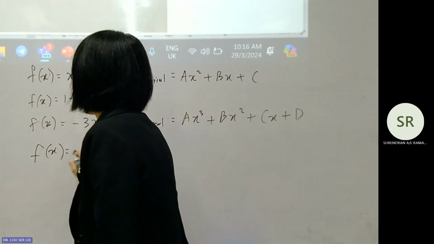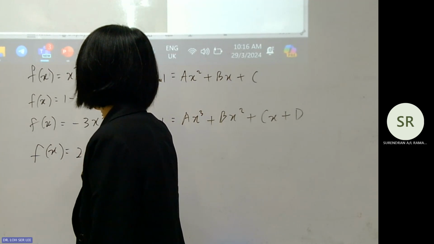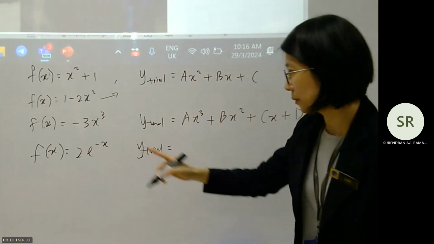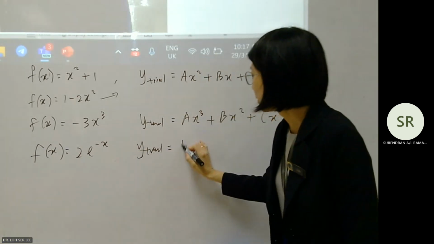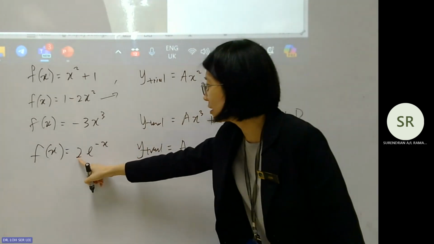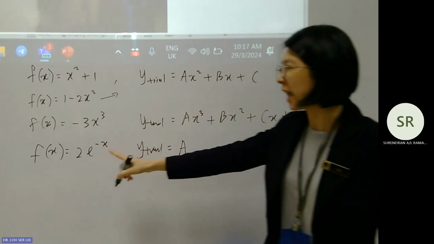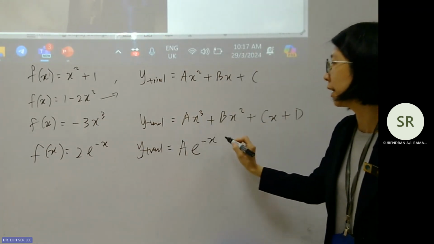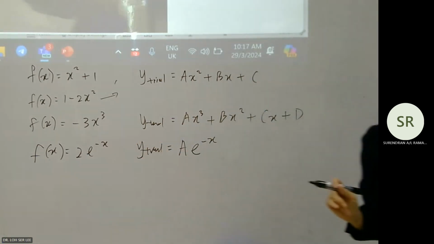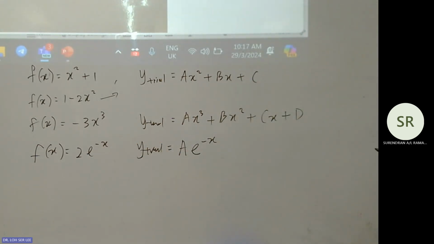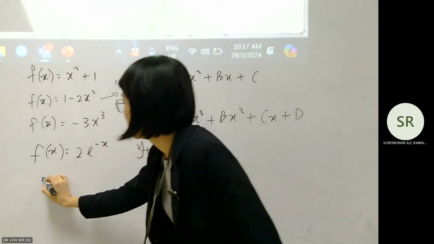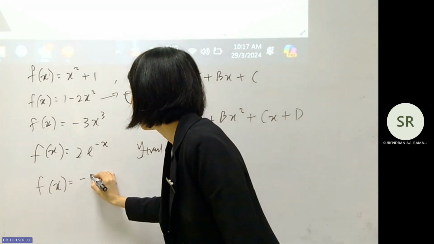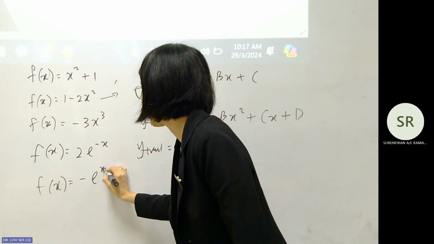If you have an exponential function, let's say 2e to the negative x, then your y trial, no matter what the constant is, any constant, you will have A e to the negative x. Let's say another example, negative e to the x.